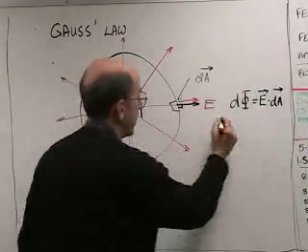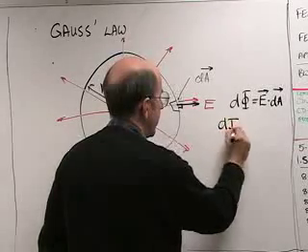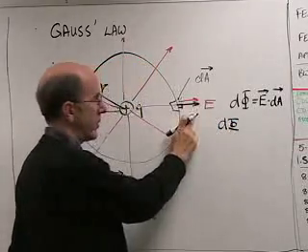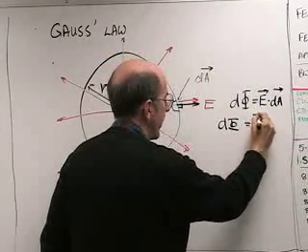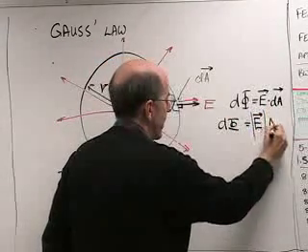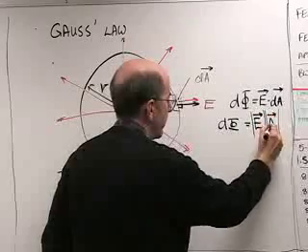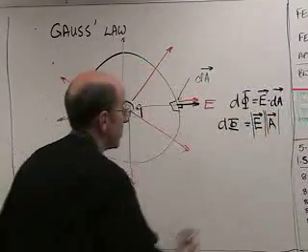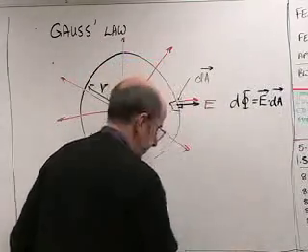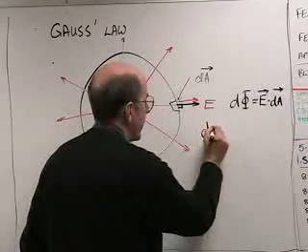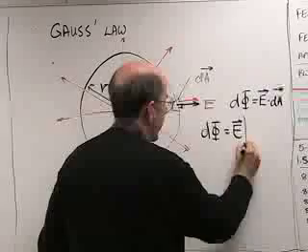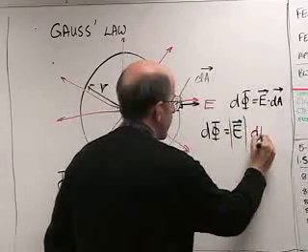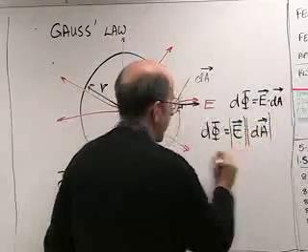And so we can immediately write down that d phi, the little incremental flux going through that point, is just equal to the absolute value of E times the absolute value of the area, which is dA. Excuse me, let me write that again. D phi is just going to be equal to the absolute value of E times dA. All right?